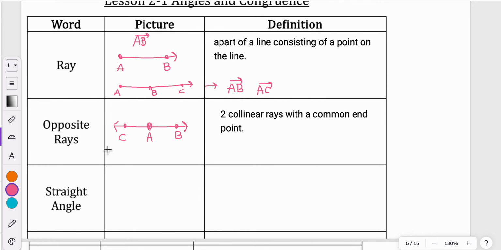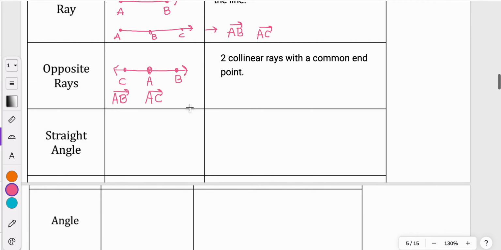So these rays can be ray AB, and then you can also have ray AC. Okay, as long as you're starting with A being that endpoint and then C is towards the arrow or B is towards the arrow.